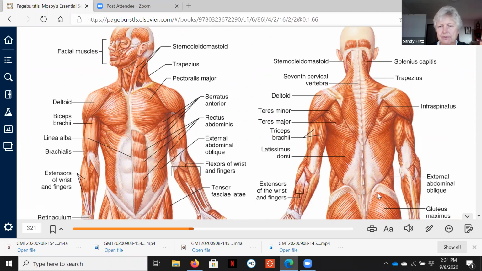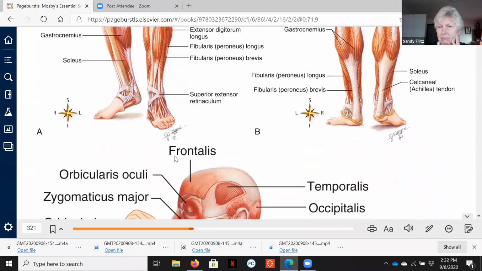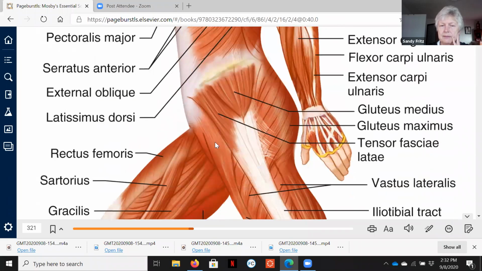And this is the deep fascia. We don't look like that. But that's what we see. So, and here's the side view. And these schematics are valuable in learning. You can kind of see the direction of the various muscle fibers, which is going to indicate their angle of pull.